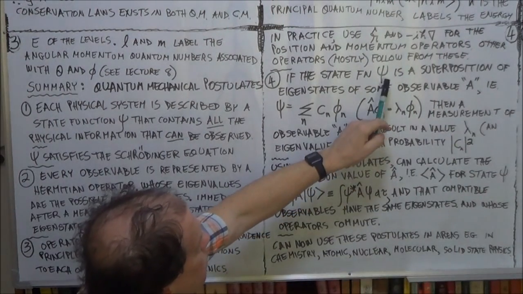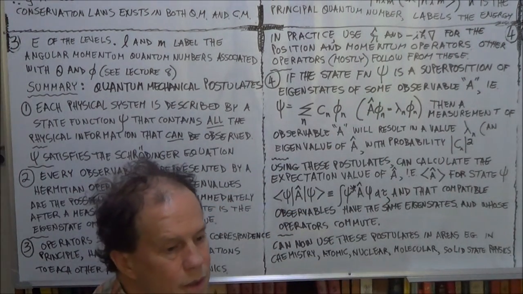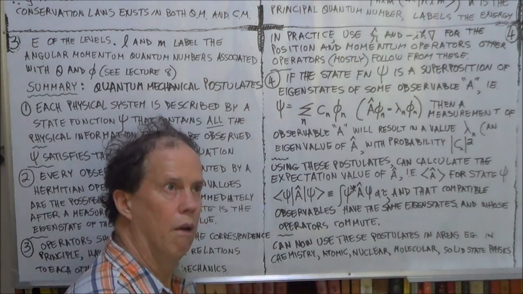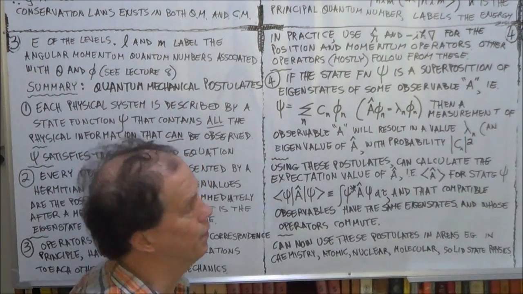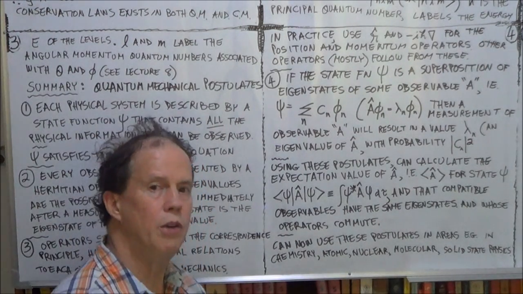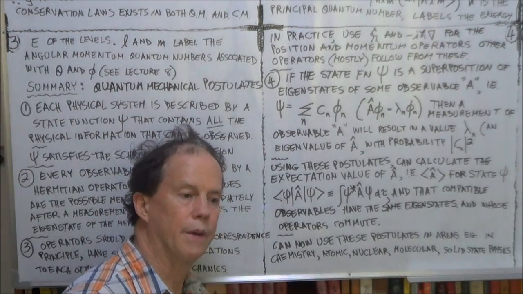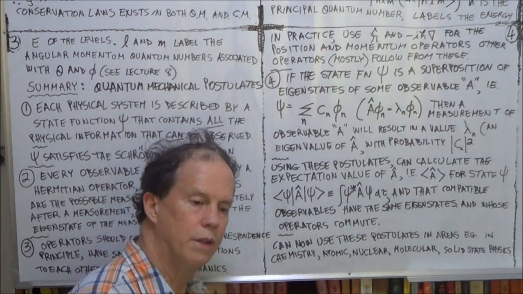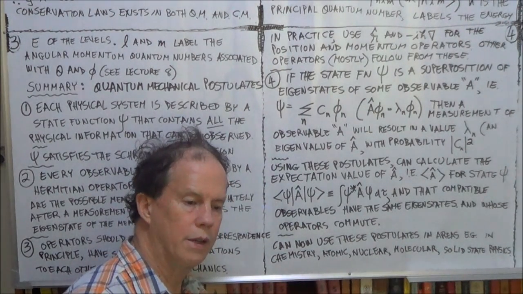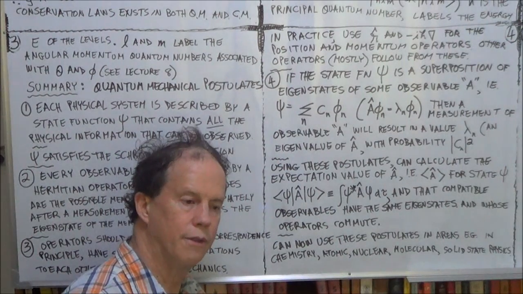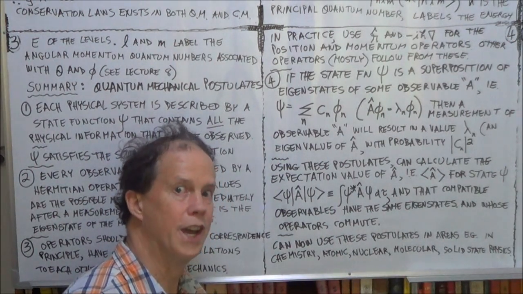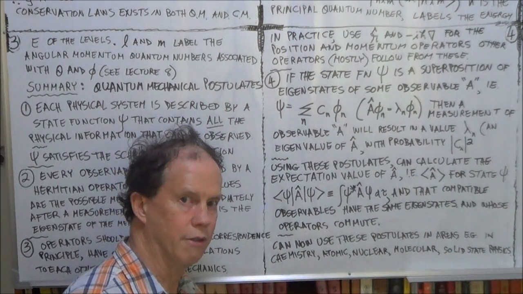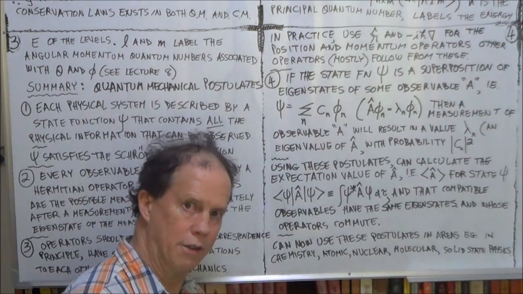In general, you have a wave function, a state function, a state vector, a ket. A lot of labels. Now, if you're going to measure a particular observable, A, then that observable A will have its corresponding operator A hat, and there will be corresponding eigenfunctions and eigenvalues for that operator.